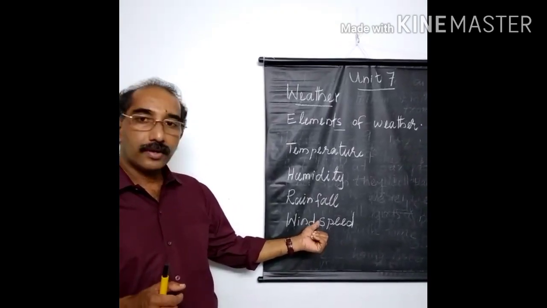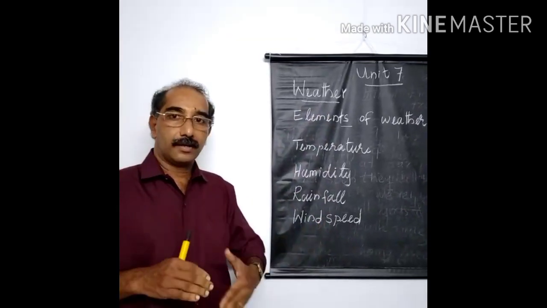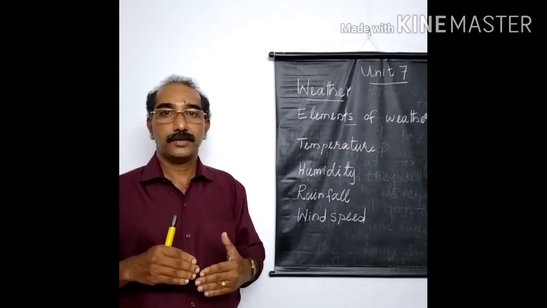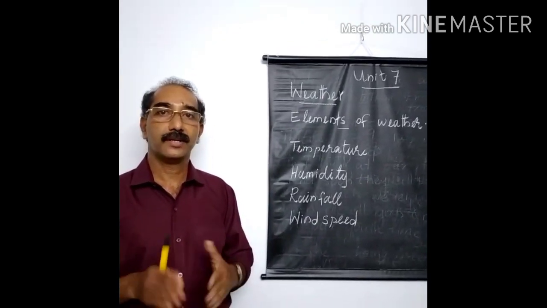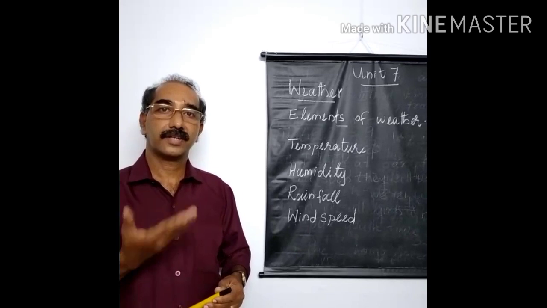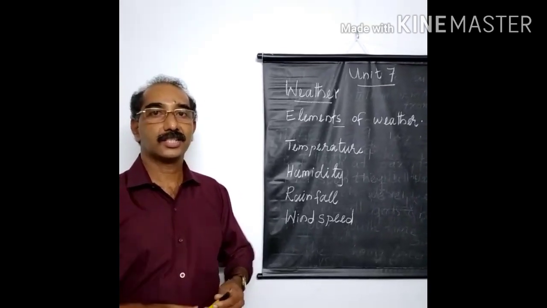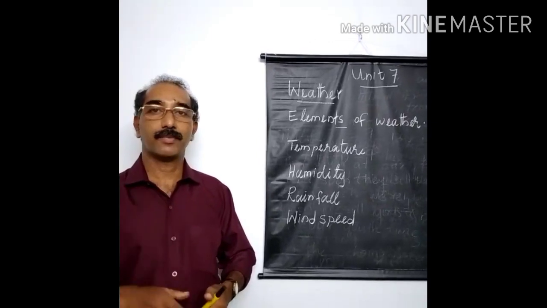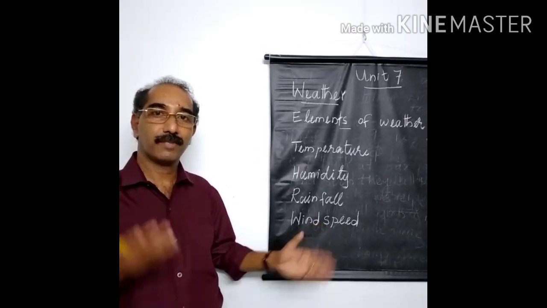Then wind speed. Wind speed is also a deciding factor for weather. Usually a wind speed of 25 km per hour is known to be very strong. It can reach 40 or 60. High speed wind can cause damage, and below 20 is not causing much damage.